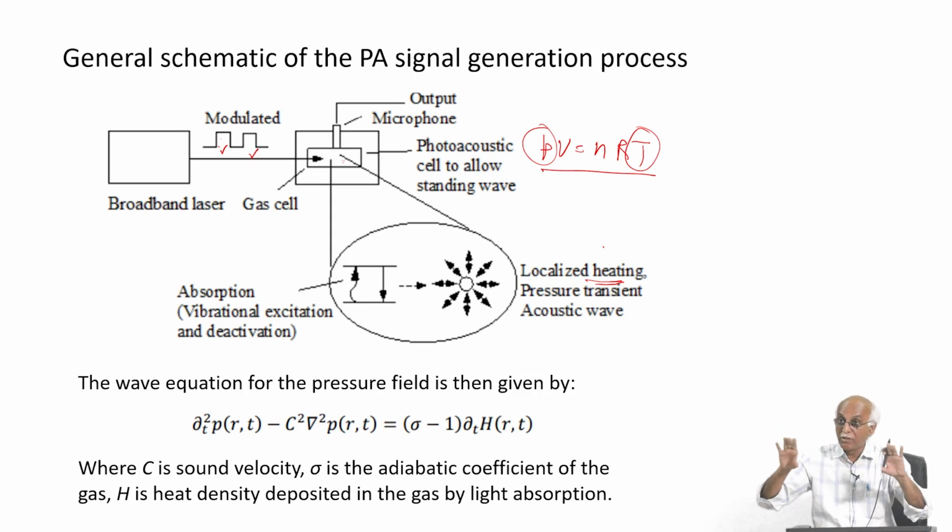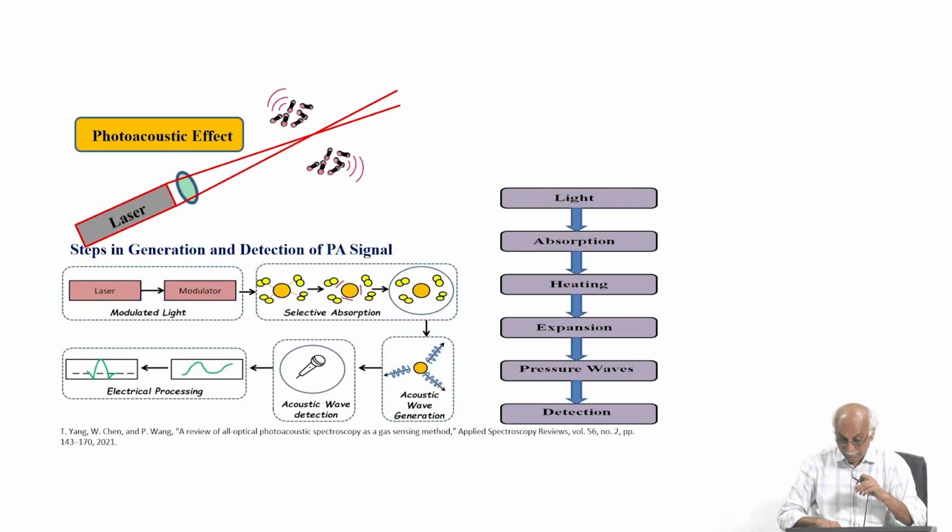There are no acoustic waves in the absence of absorption, but in the presence of absorption of this input light intensity, acoustic waves are generated. So, I can capture those signals using a microphone.